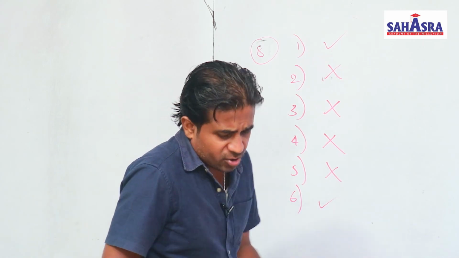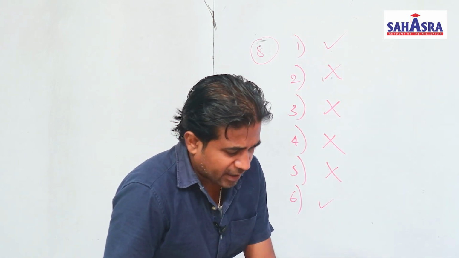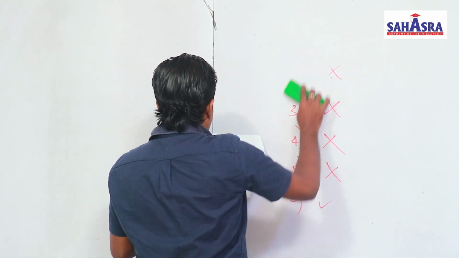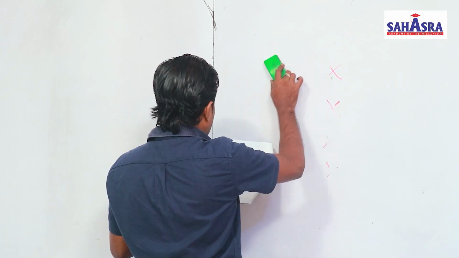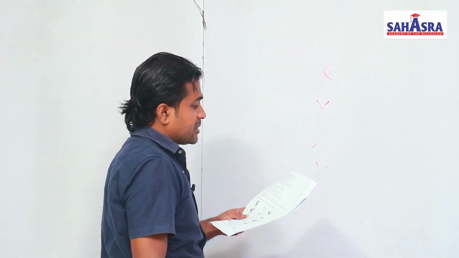Question number 9. Let's move to the question number 9 then. Answer the following questions in one sentence. What is a balanced diet? What is the balanced diet? You have to answer one sentence. What is the balanced diet?